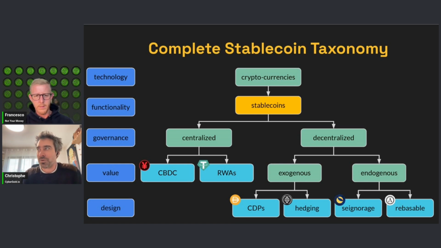So we can quote the DAI, of course, but Liquity USD for CDP, and for hedging based models, we have the kind of new Ethena USDe stablecoin. So we will see in the next year, because with the rise of Ethena, which is pretty recent, if it will continue or just stop.